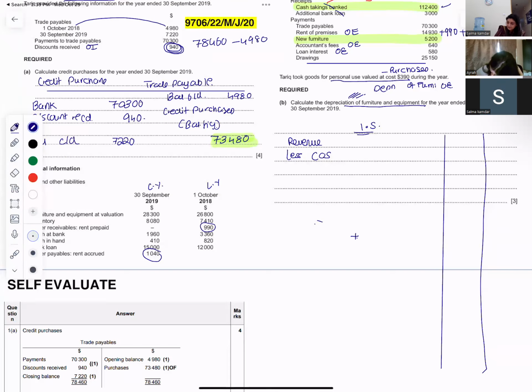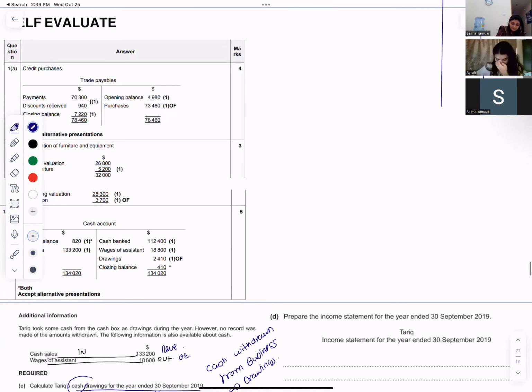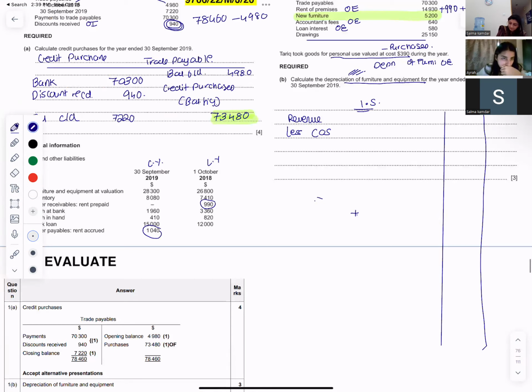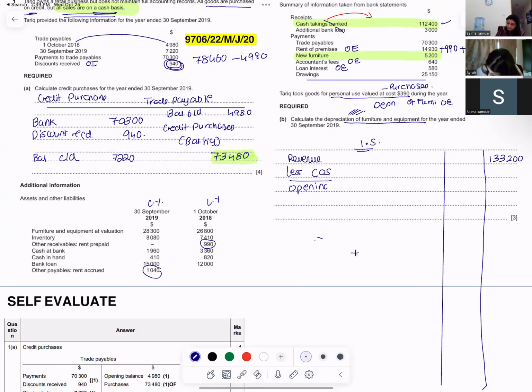Cost of sales: you put the opening inventory, which is 7,410. You'll add the purchases to that. Purchases we calculated, no? 73,840 and 480.